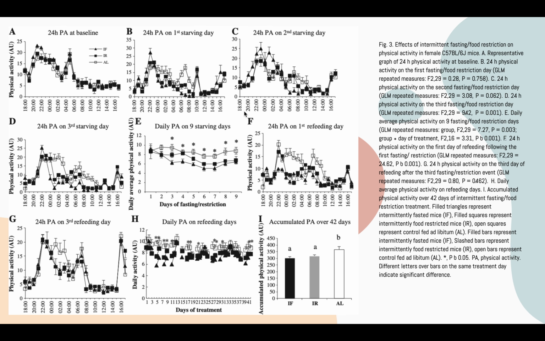And on almost all of the days, we could see a significant difference between the mice that were control fed versus the mice that were intermittently fasted. And I just think that's really great to notice.